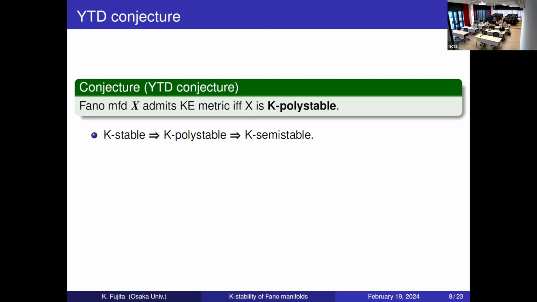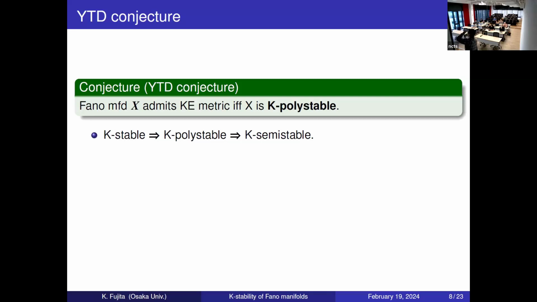And in this talk, three stability conditions reappear: K-stable, K-polystable, and K-semistable. Strictly speaking, there are many others, and more precisely, a stronger K-stability condition named uniform K-stability is also important.